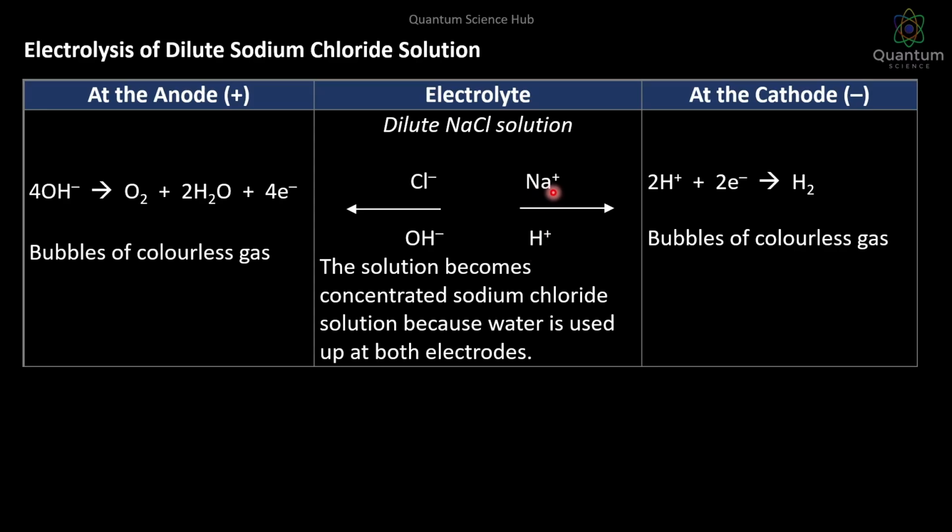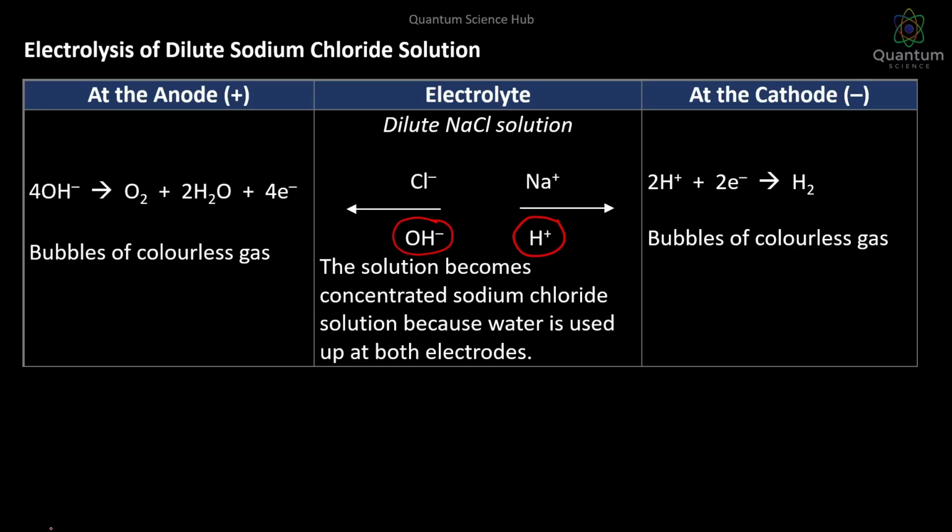If you check in the metal reactivity series, hydrogen is lower than sodium, right? So we choose hydrogen in this case. So 2 H positive plus 2 electrons will become H2. So the product here is hydrogen gas. Then the observation here is bubbles of colorless gas. So OH negative is taken and H positive is also taken.